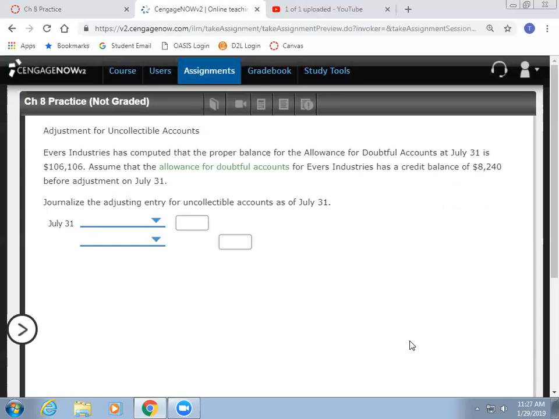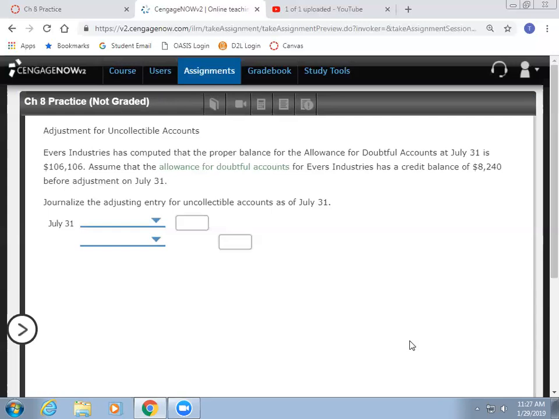So what do I need to credit allowance for doubtful accounts to get to this balance? Well, how do I calculate that? Very good. I subtract, right? I want this credit, but I have an existing credit. So when you have an existing credit in allowance for doubtful accounts, you're going to take your desired ending balance minus the balance before adjustments.